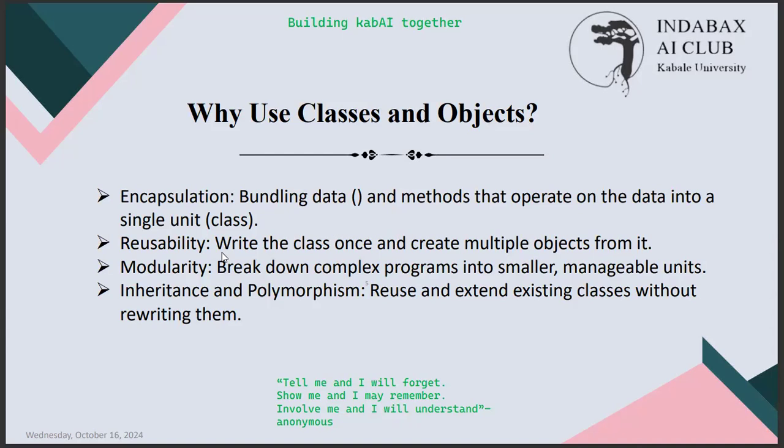So instead of having a program with very many functions distributed there, not arranged, not organized, if you're building your programs using classes and objects, you will know that if I'm building a class animal, all the methods related to the animal will be organized inside that class. And any other method that is not related to the animal won't be inside that class. So that's what we are trying to mean here.